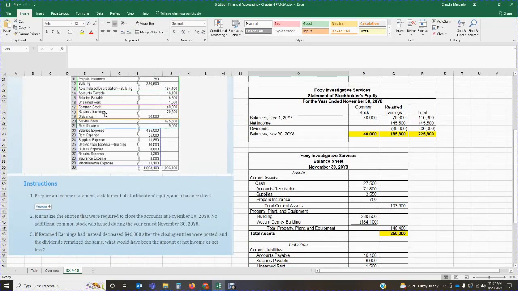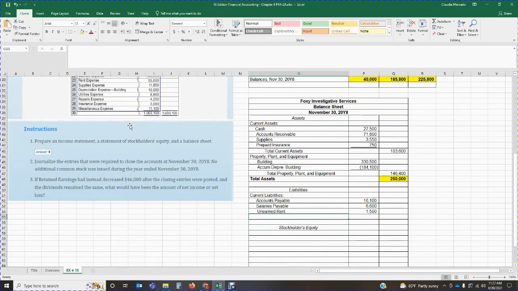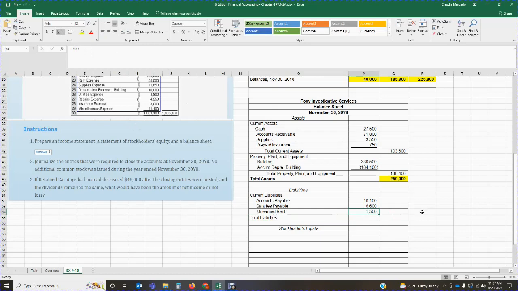That's all the liabilities that we have. So we don't have any long-term liabilities. So now we can get our total liabilities. And our total liabilities will be the sum of those three items. $24,200. Okay.